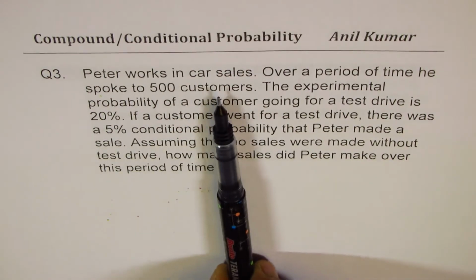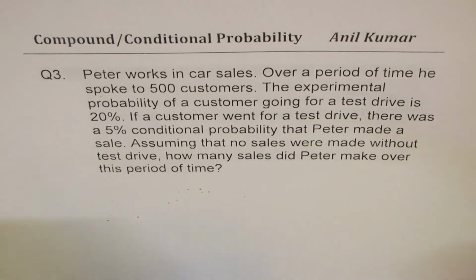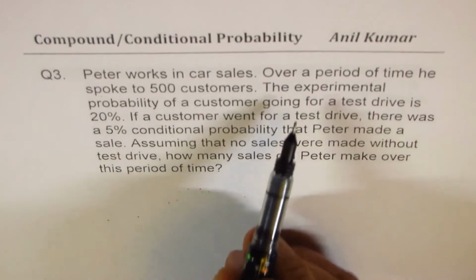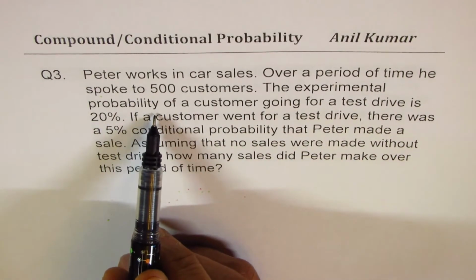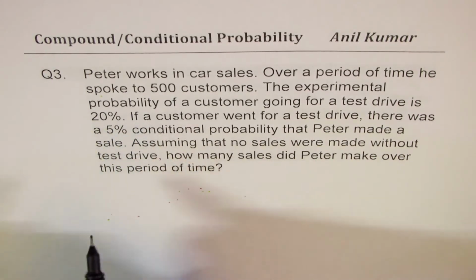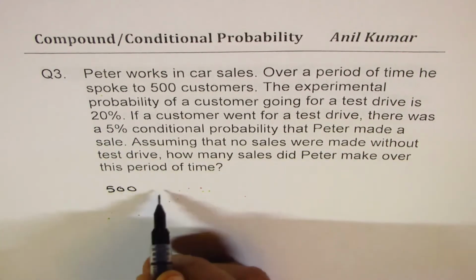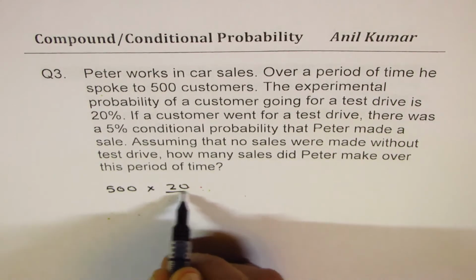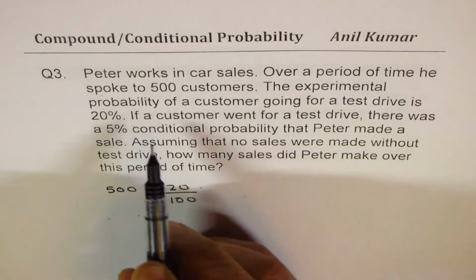Peter works in car sales. Over a period of time, he spoke to 500 customers. The experimental probability of a customer going for a test drive is 20%. So out of 500 customers, 20% went for a test drive.